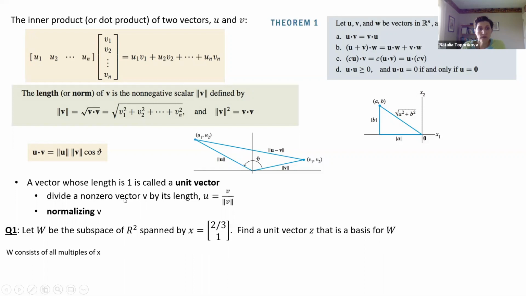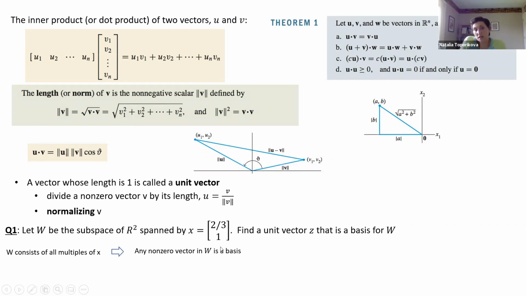Okay, we can start with the definition of a basis in the subspace W. It's spanned by vector x in R2, which means that it can be any multiple of our vector x.